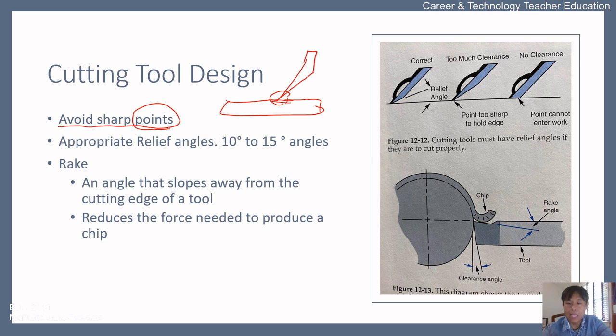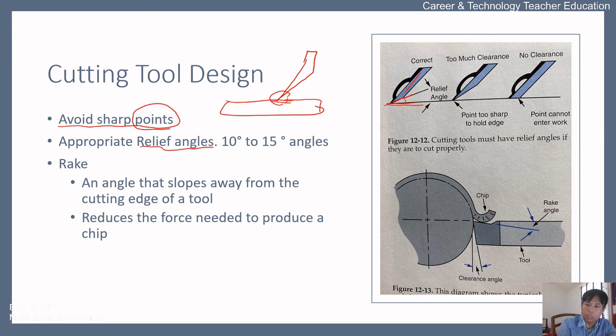That's why we need a relief angle. This is the relief angle. The relief angle is the angle between the material, called the work, and the tool. We should have a certain relief angle.